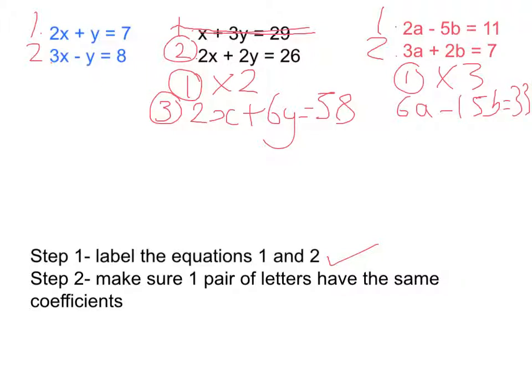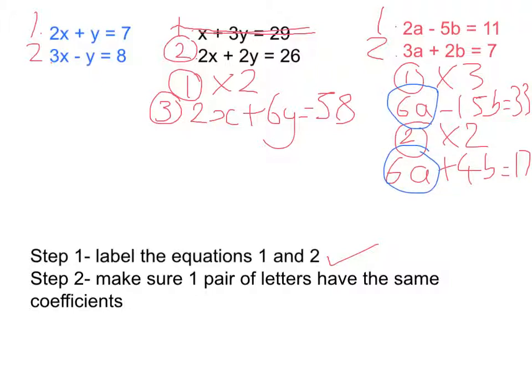Then I'm going to take equation 2 and times it by 2, and that will give me 6a plus 4b equals 17. Now you can see that I've got 6's before both of the a's, and these will become equation 3 and equation 4. So step 2 is just about making sure you've got the same number before one pair of letters, and it doesn't matter which pair.